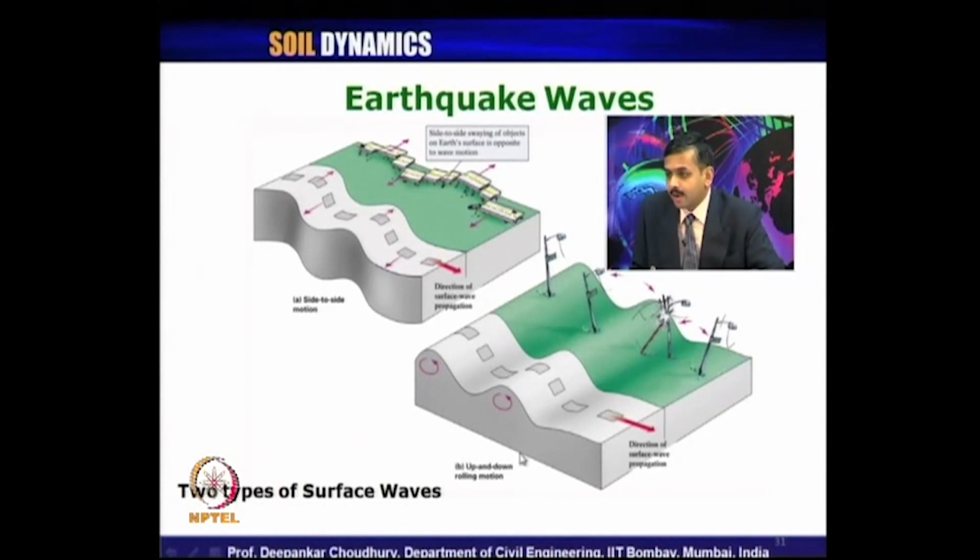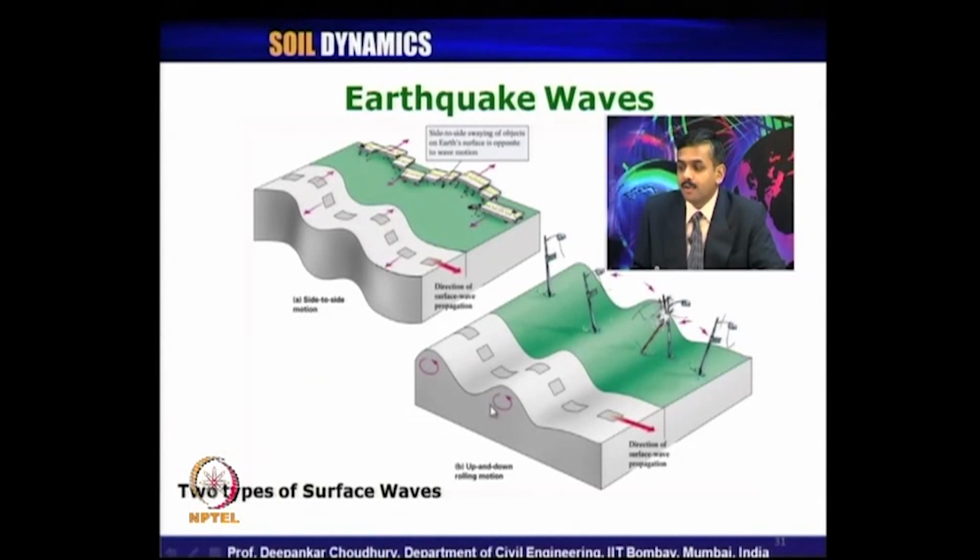And another type of earthquake wave can cause up and down rolling type of motion like this. So, the direction of surface wave propagation is in this direction, however, the nature of motion created on the ground surface is something like rolling type up and down motion. What does it mean?